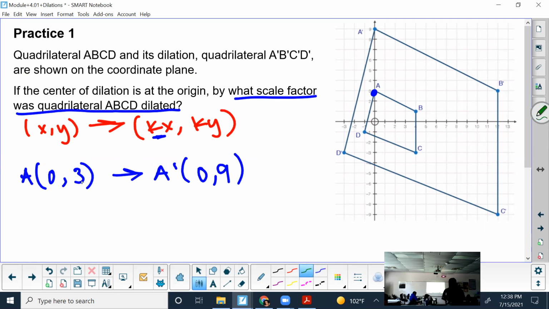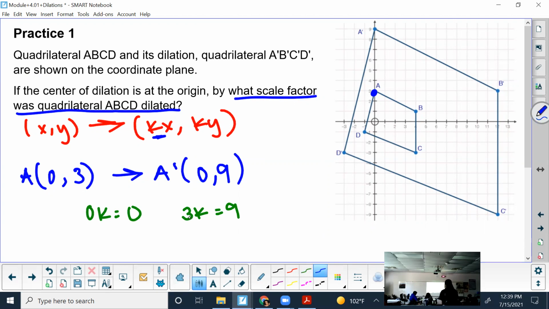So I have 0 times k equals 0, which won't really help us because anything times 0 is 0. So k could be anything if we just use the x value. So try the y value. We multiply 3 by k to get 9.